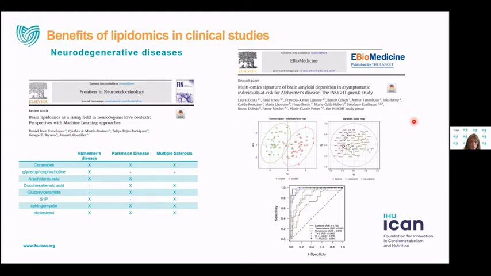And what we've shown is that when using a multi-omics approach, so transcriptomics, lipidomics, and metabolomics, we could differentiate the 2 groups of amyloid positive and negative amyloid load. And that when we combine these approaches, we could obtain really high sensitivity and specificity of the disease occurrence model.